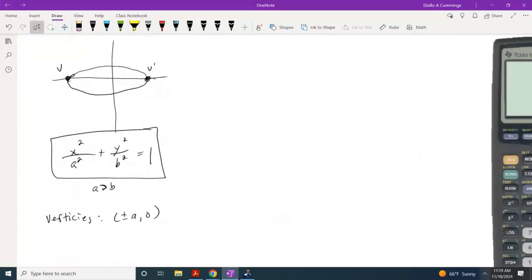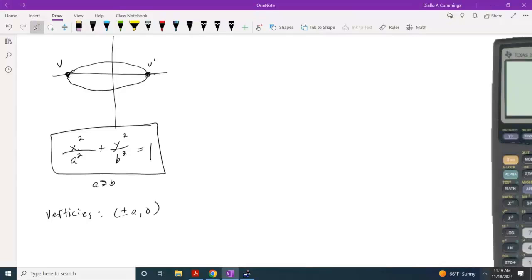Here again, if we look at our denominators, the largest denominator is going to be a squared. We take the square root of that, and that will give us a. So the vertices are located at plus or minus a, comma 0. Also along the major axis, we have the foci points. The coordinates for the foci are plus or minus c, comma 0. Those are the items you can find along your major axis.